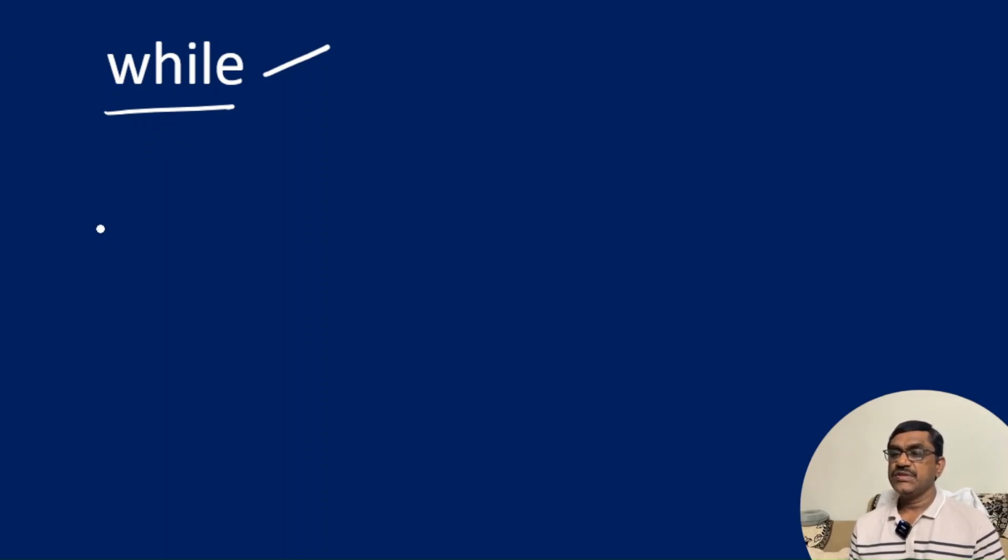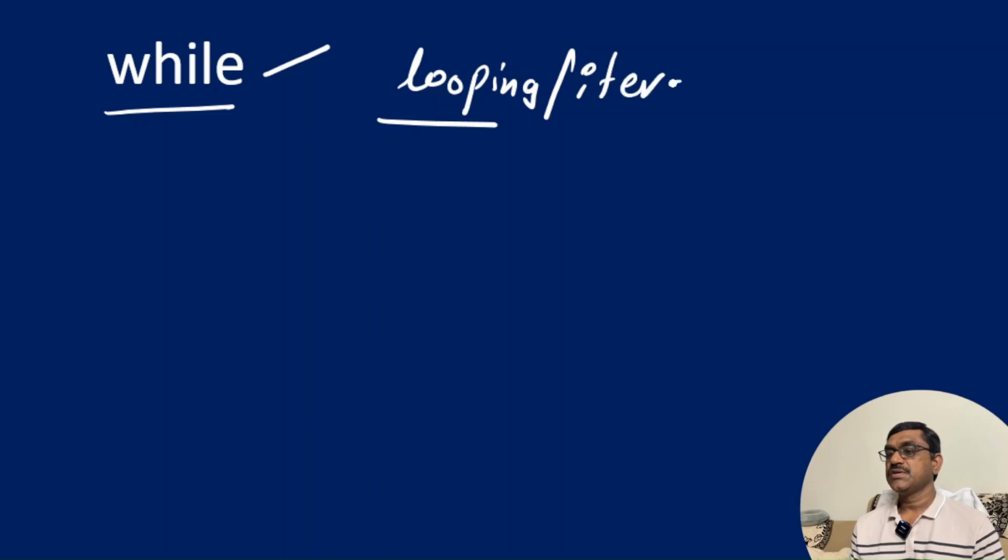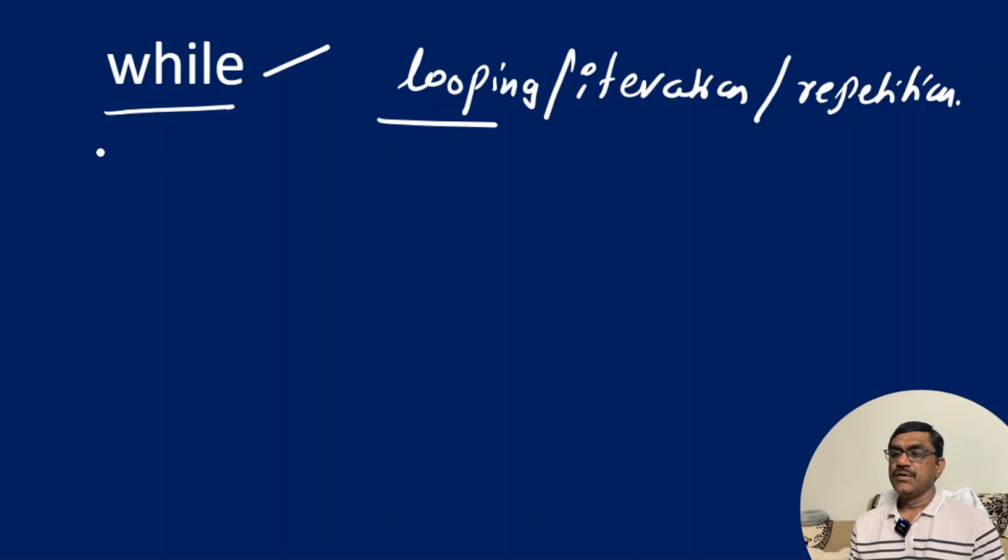Before going to see the looping statements, what actually do we mean by looping? Looping is also known as iteration. We can also use another name, repetition. Both are the same. What is looping?